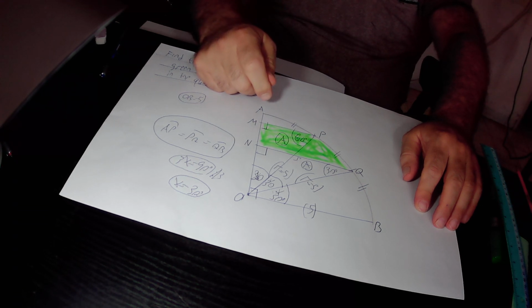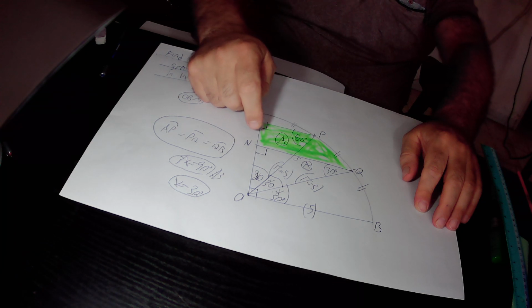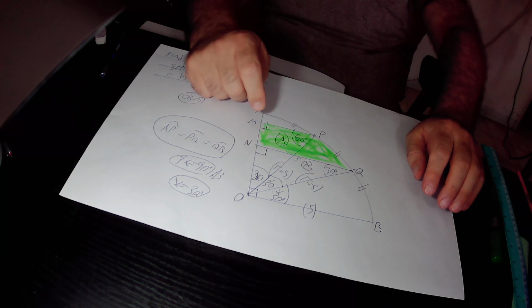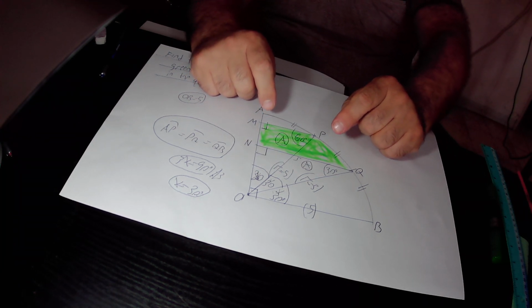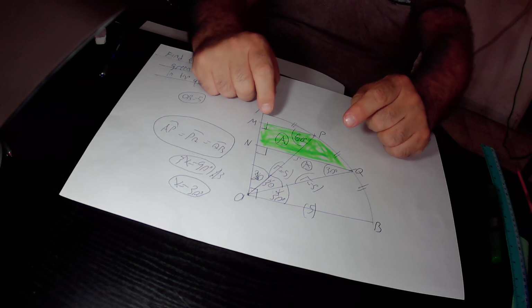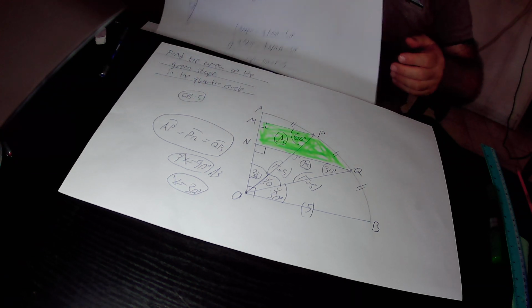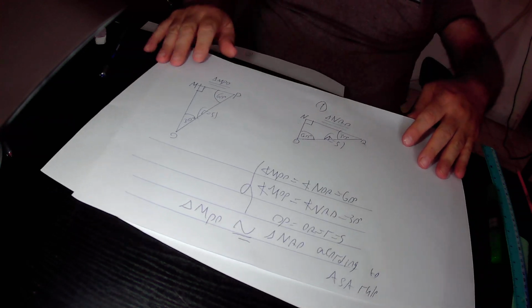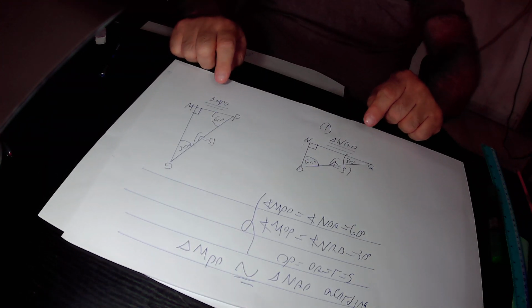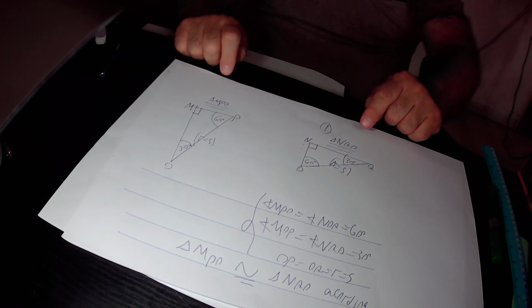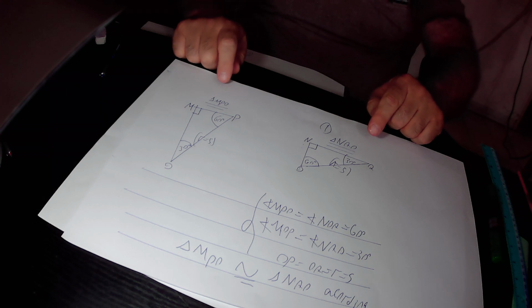In the next step, I copy the right triangles NPO and NOQ onto a new page, and prove that those two right triangles are congruent according to the angle-side-angle rule. Those are the two right triangles NPO and NQO from the original drawing.